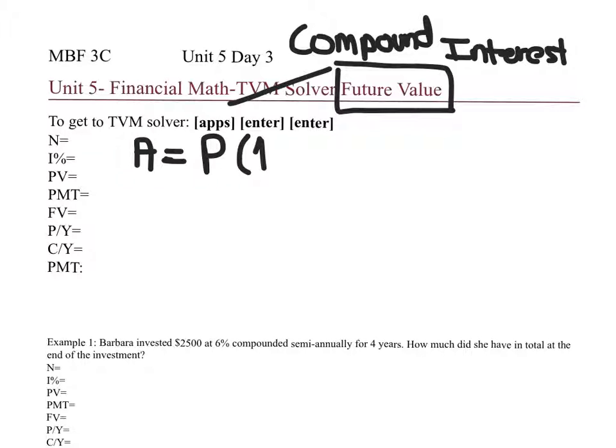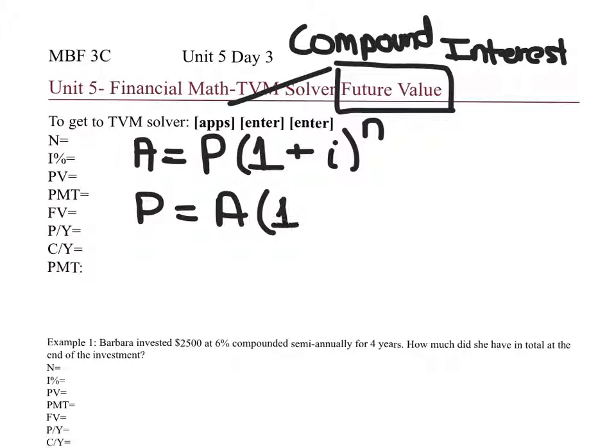So we have the total amount of interest earned, based off the following formulas. And then we also have the formula if you want to solve for the principal amount based on what you want in the future.